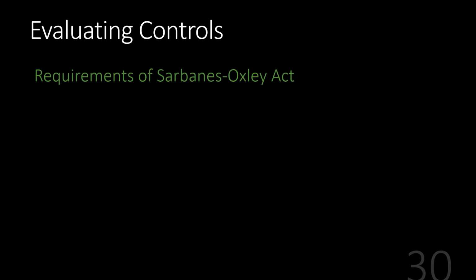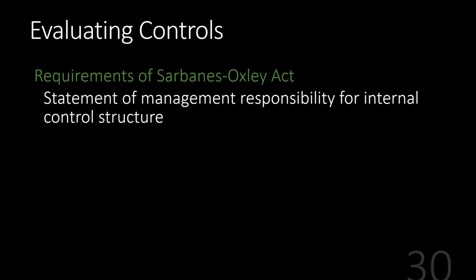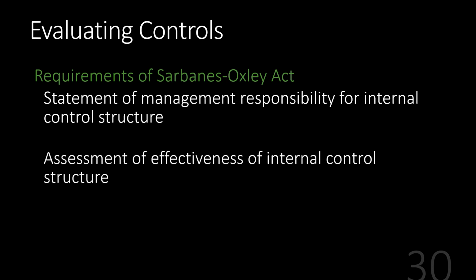So Sarbanes-Oxley, when it comes to that controls review, requires that management state their responsibility for internal control structures. It also requires management to include in their 10-K, in their annual filing, an assessment of how effective those internal controls are.